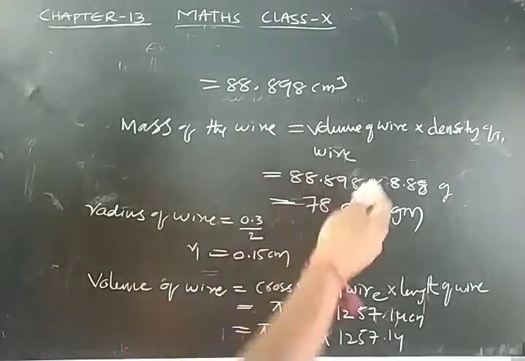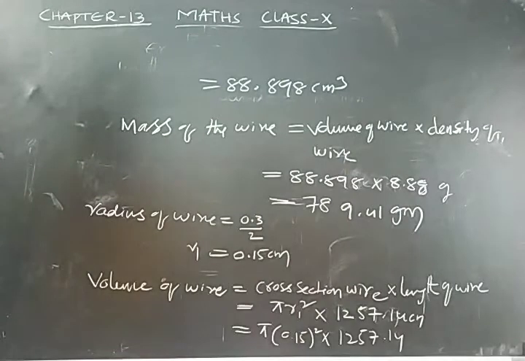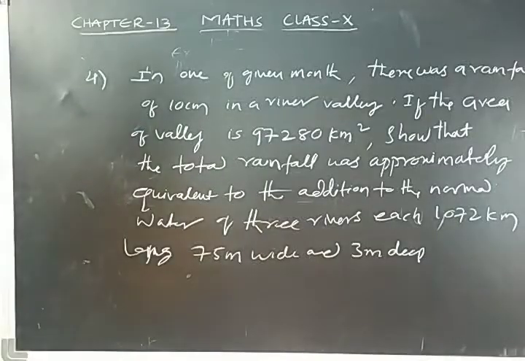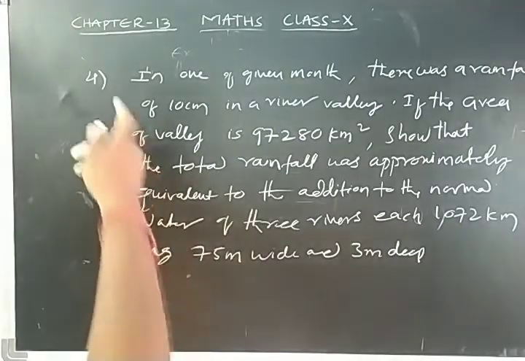So in a similar way, you can find the remaining problems also. Now the fourth question in the top standard exercise, and the remaining questions are homework. See the fourth question.